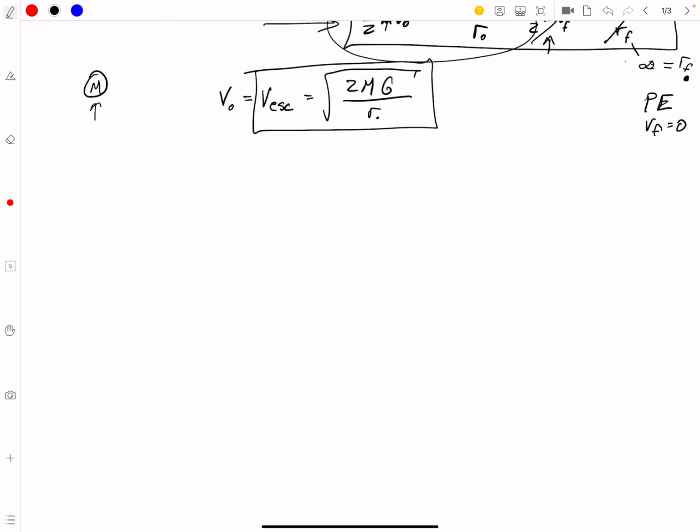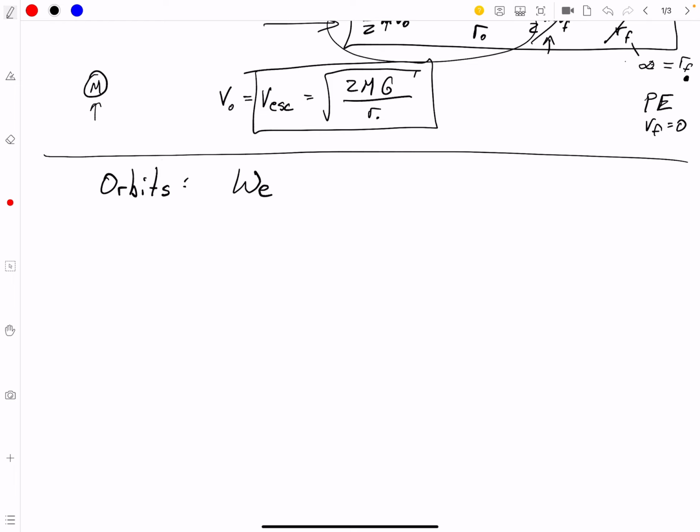One last bit. We have orbits. We showed that the velocity of an orbit is equal to the square root of the mass of the object you're circling, times G, over r.